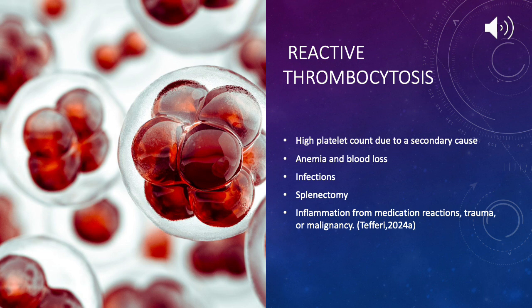Certain infections, like viral, bacterial, and sometimes even fungal infections, can cause an inflammatory response that triggers your body to make more platelets, kind of stimulates your bone marrow, and so that may be an issue with reactive thrombocytosis.